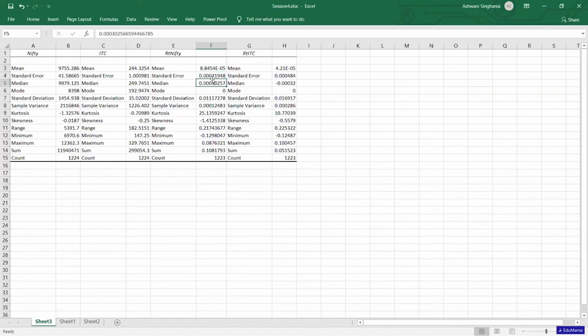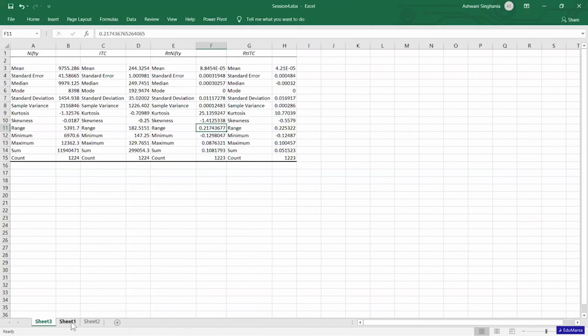Standard error relates to a good fit line. When we do regression, we will understand what a good fit line is. The distance that the data points have from that good fit line is the standard error. So we are done with descriptive statistics.